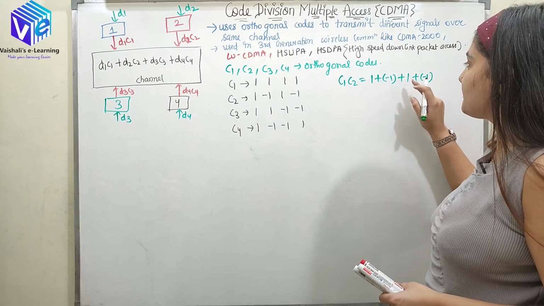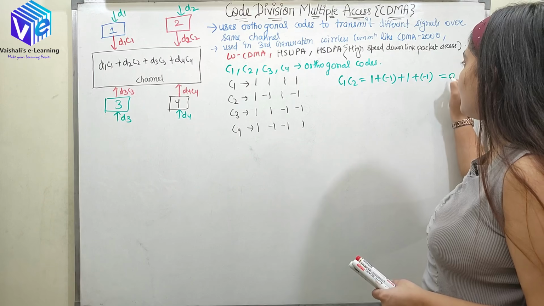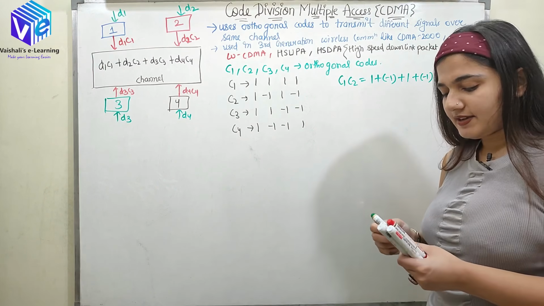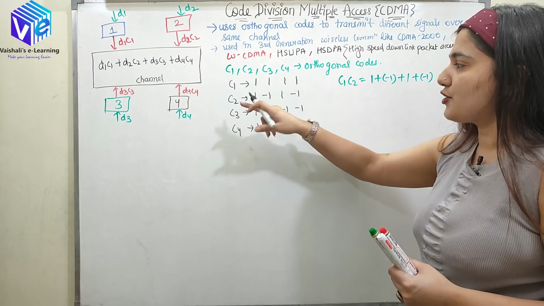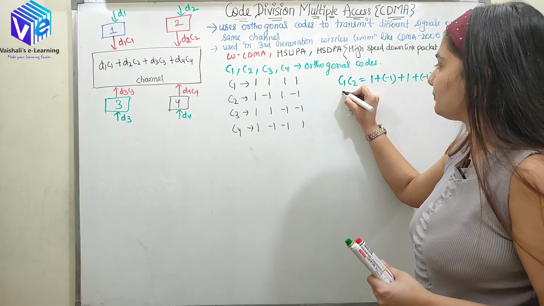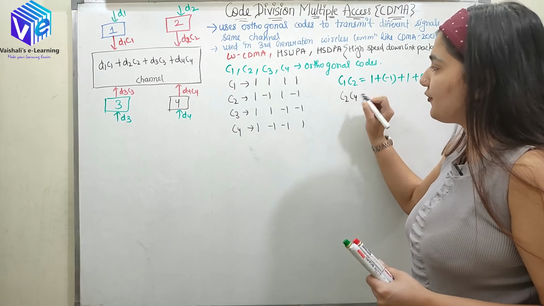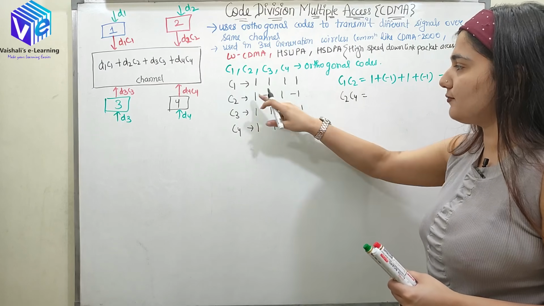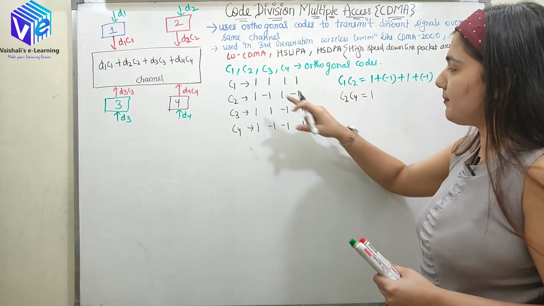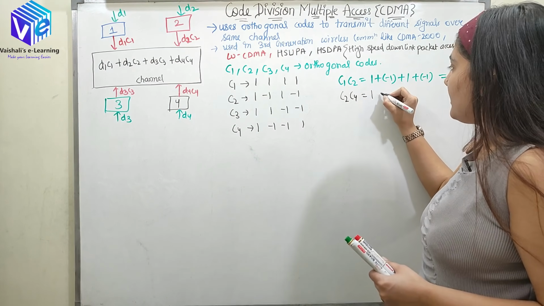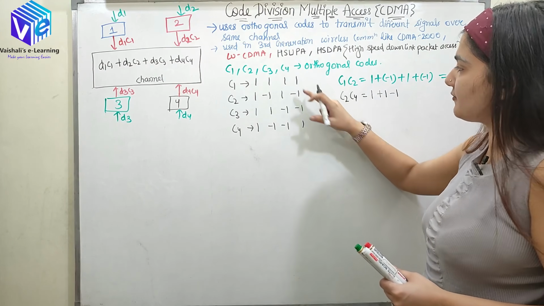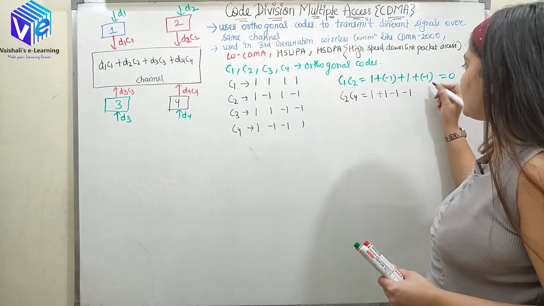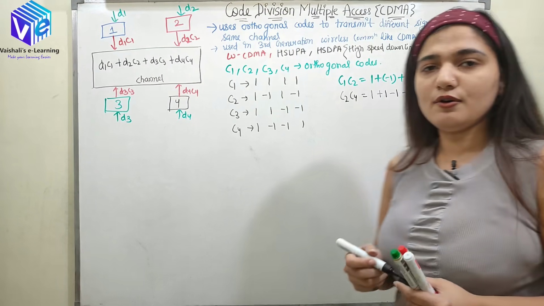So 1 plus minus 1 plus 1 plus minus 1 is equal to 0. So I can say C1 and C2 are orthogonal. Let's take another set of codes, C2 and C4. 1 into 1 is 1, minus 1 into minus 1 is 1, 1 into minus 1 is minus 1, minus 1 into 1 is minus 1. So again it is 0.